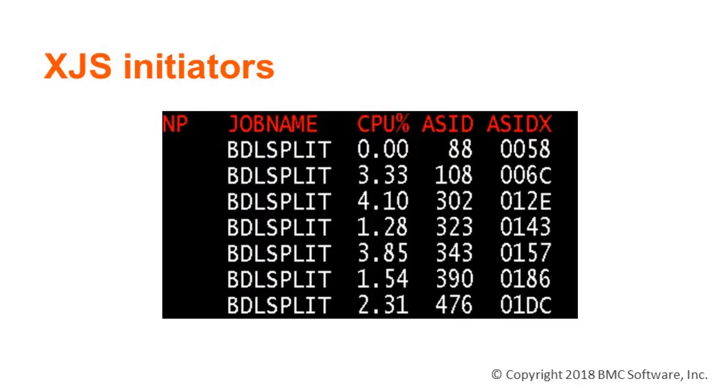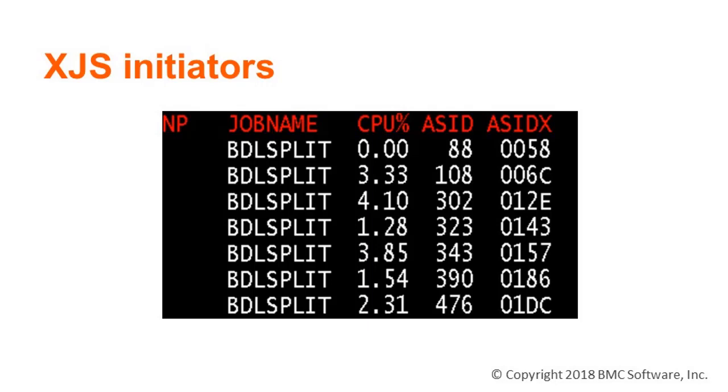Here's what that job looks like on SDSF when it's split. In this example, the job is being split into 6 parallel steps. The job name is BDLSPLIT. We rename job steps to fulljs. Only one job with a particular name can run at a time. Brackets mean that this step is running on an XJS initiator.